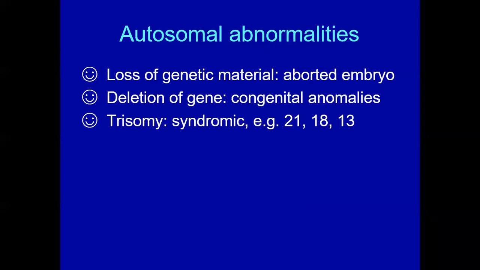Loss of genetic material produces abnormal embryos, and there is deletion of the gene. This can produce congenital abnormalities, and there are trisomies, which are the addition of one chromosome. The most common example is 21, and after that 18 and 13.